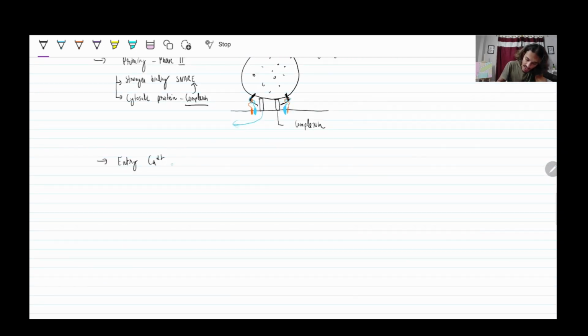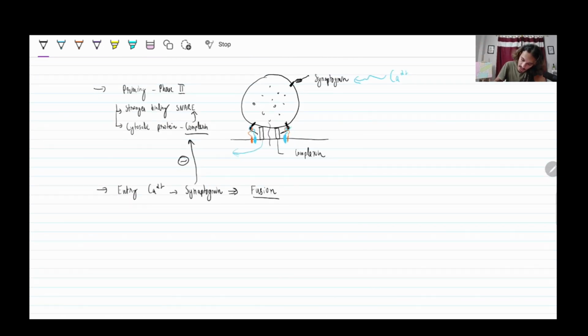Okay, so entry of calcium, the synaptomin is activated, resulting in this inhibiting your complexin, removing it, and thus there is gonna be a fusion. So that fusion was stopped by this complexin actually. Okay, so this will come down and there will be a fusion of this vesicle.